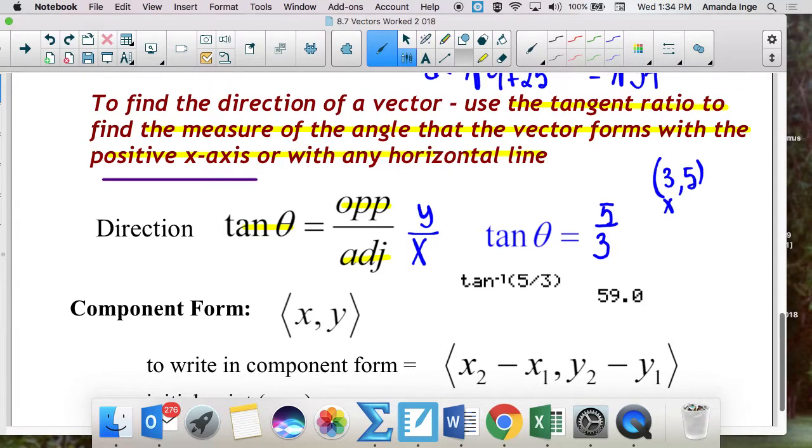This is the x value, this is the y value, so the tangent of theta is equal to 5 over 3. We put that in our calculator, we would go second tangent, 5 over 3, and get that the direction is 59 degrees. Okay?